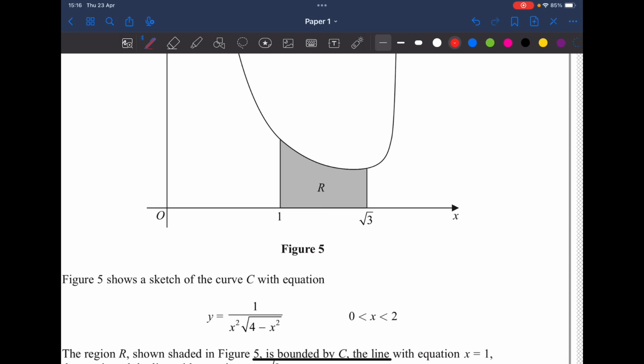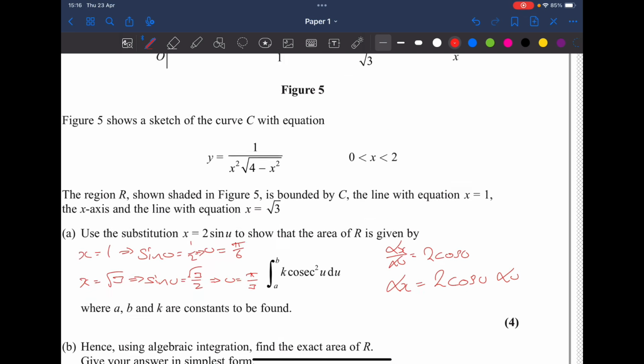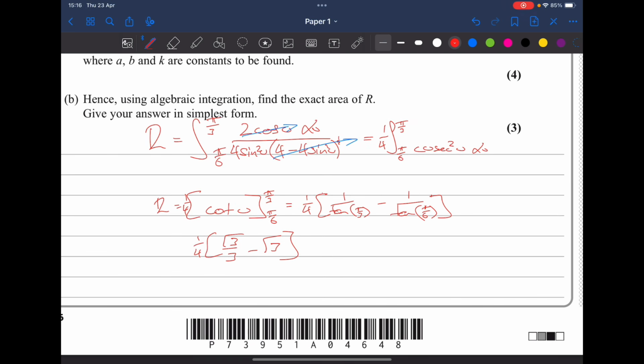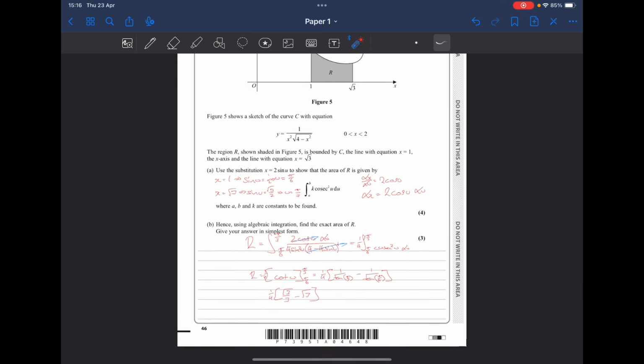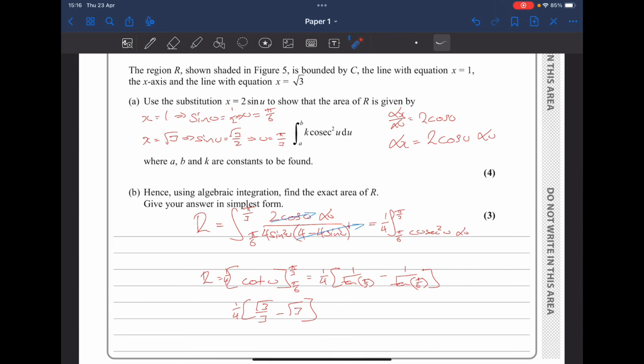Should it be negative? Shouldn't be negative, is the concern I have. How about I just put these all in the wrong way around? That's what I'm wondering. It's a third, so root 3 on 3, take away root 3, divided by 4. Negative root 3 on 6. Should it be negative? It should not.